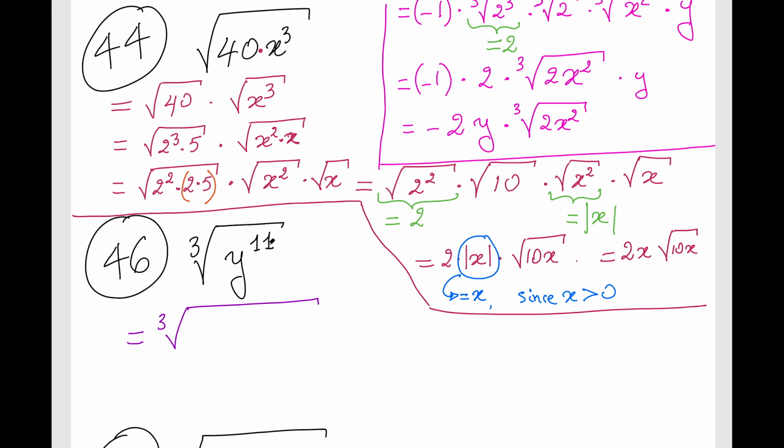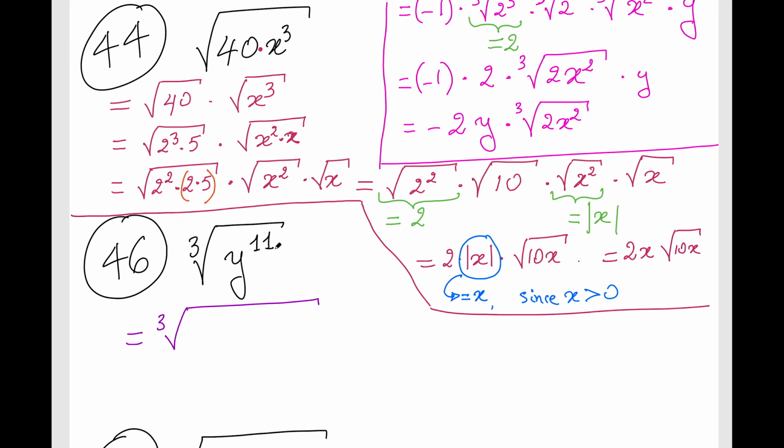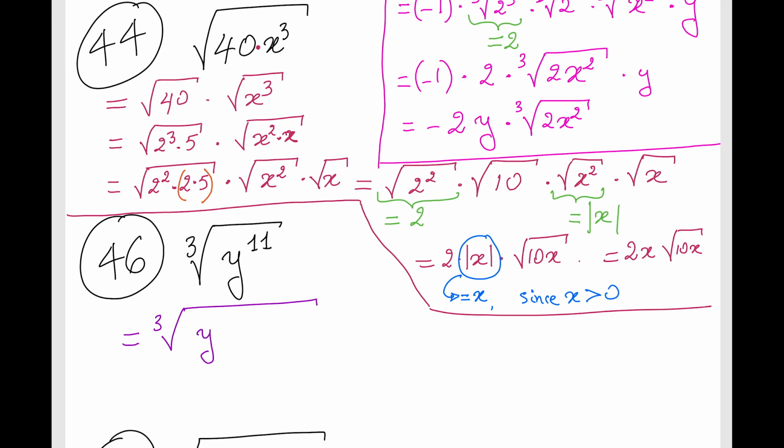Okay? What's the largest multiple of 3 in 11? Well, the largest multiple of 3 in 11 is 9. So I can rewrite this as y to power 9 plus 2, because 9 plus 2 is still 11, correct?